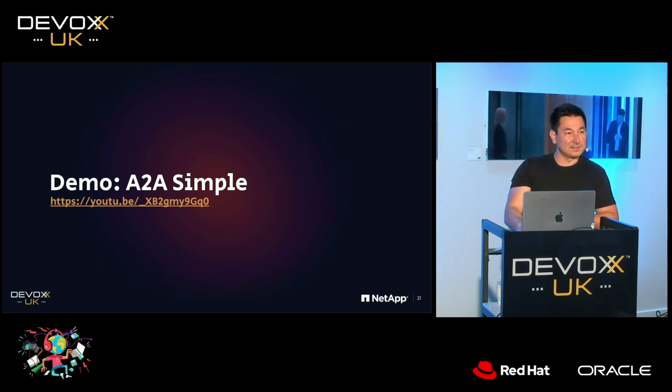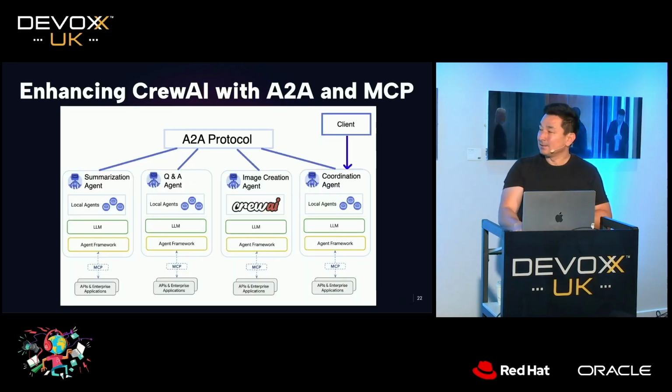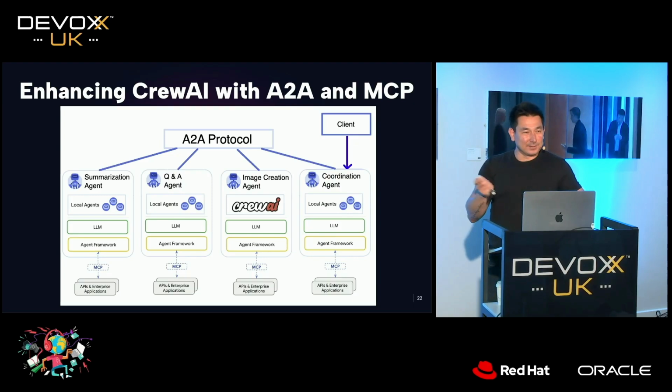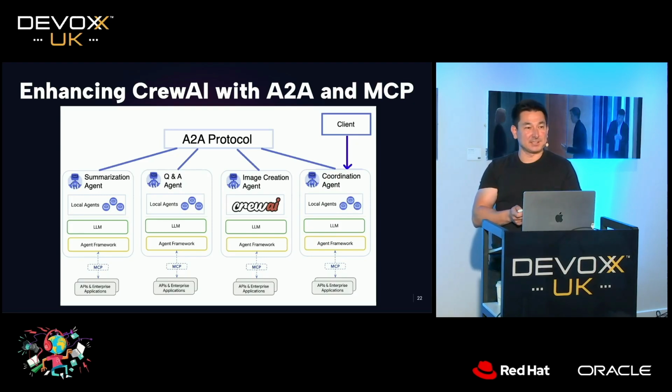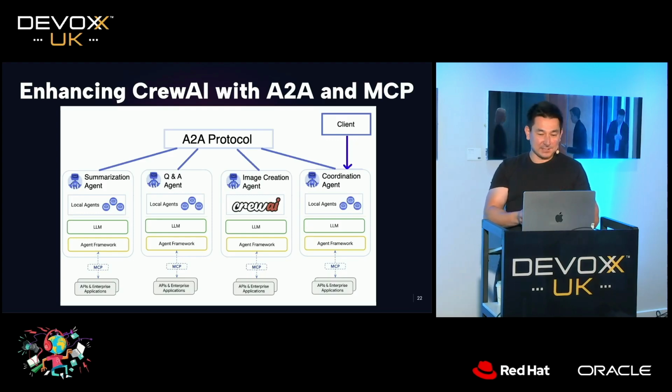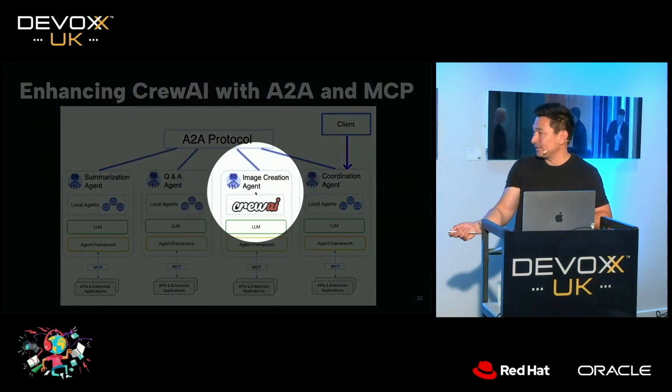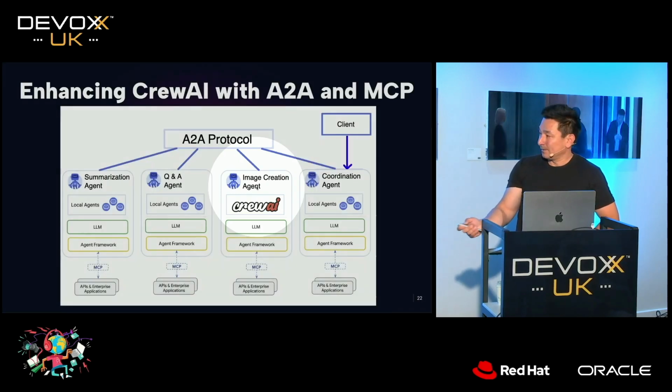Can we do all of it together? And the answer is yes. So, the Uber example, right? I'm going to add a fourth agent, and that fourth agent is this image creation agent, and it's implemented using CrewAI.